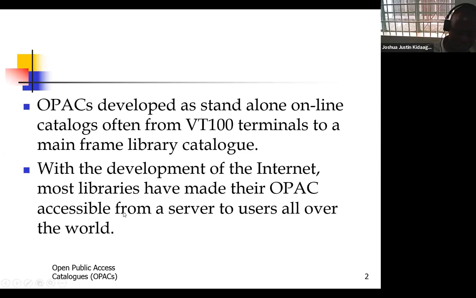So if you want to know which documents are available in Makerere University Library, you don't need to be physically in Makerere. You can access the same wherever you are in the world because the OPAC is available on the internet.